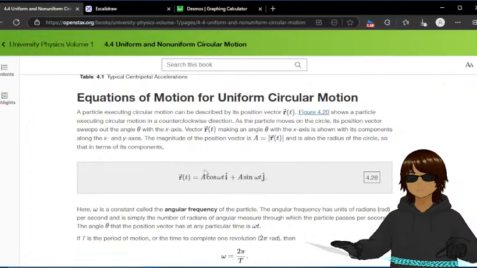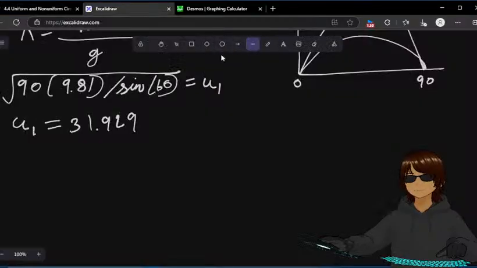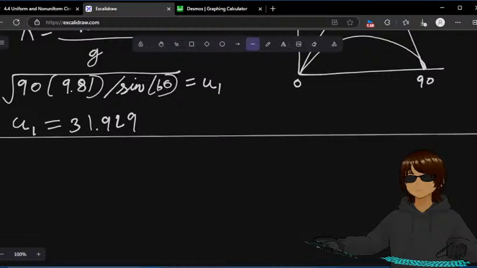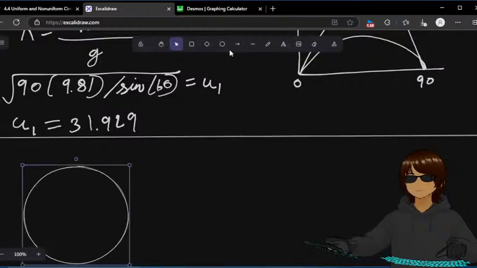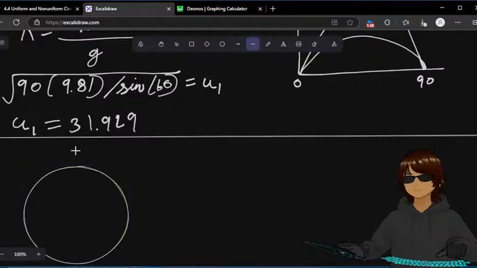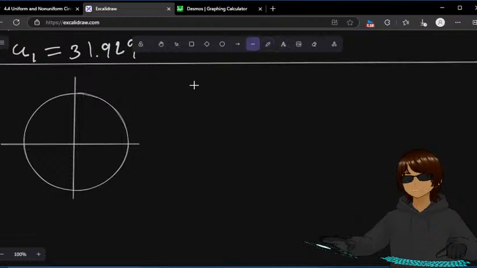This is the magnitude, A cos theta i and A sin theta j.